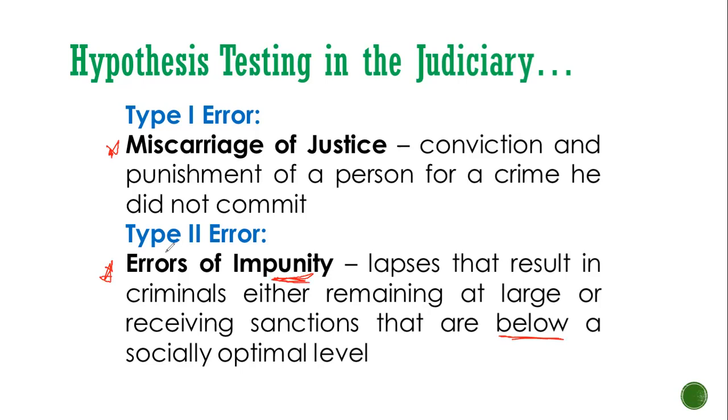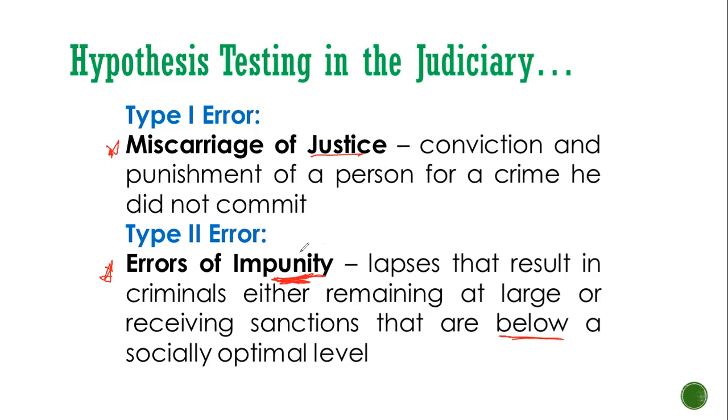So example, yung example kanina sa miscarriage of justice, talagang innocent ka pero sinabing guilty ka. Impunity, talagang guilty ka pero sinabi na innocent ka. Like for example, ang talagang nararapat sa crime mo is let's say death penalty. Pero since nagkaroon ng type 2 error, here comes impunity.